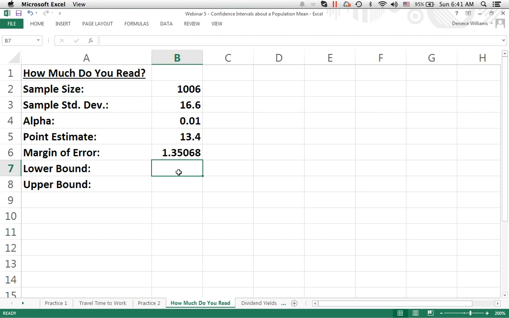To find my lower and upper bound, I'm going to take the point estimate and subtract, and take the point estimate and add. So these are my final answers. I have a lower bound of 12.05 and an upper bound of 14.75. So Americans on average.